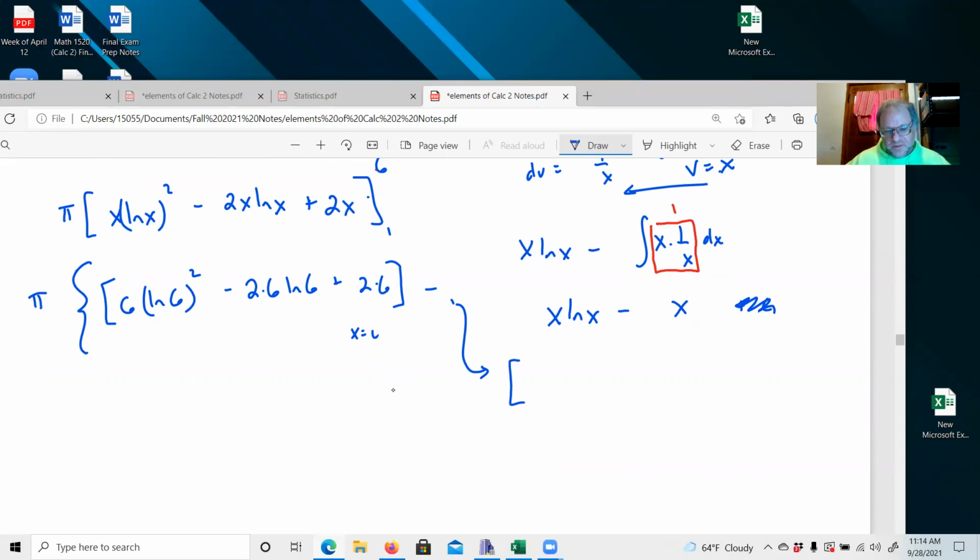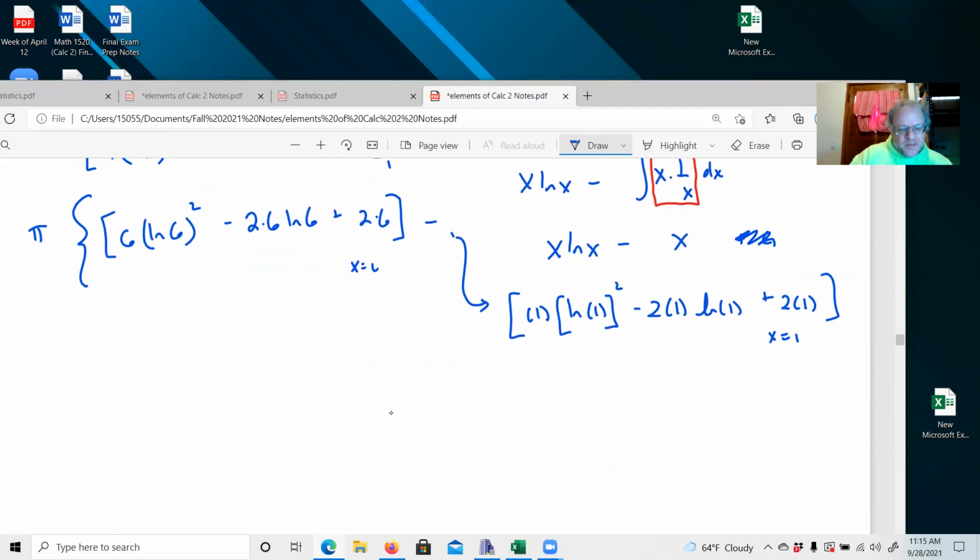Okay, so we have the pi outside. So here we have 1 times ln of 1 squared minus 2 times 1, that's x equals 1, ln of 1, okay, plus 2 times 1. This is x evaluated at 1.